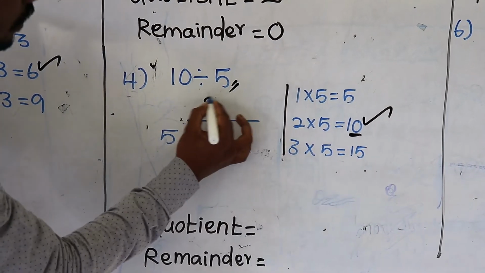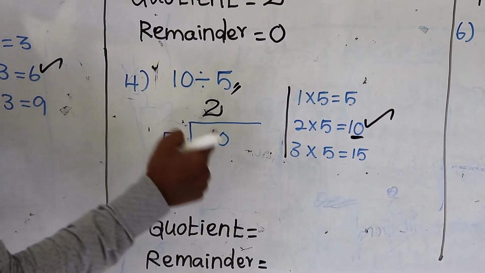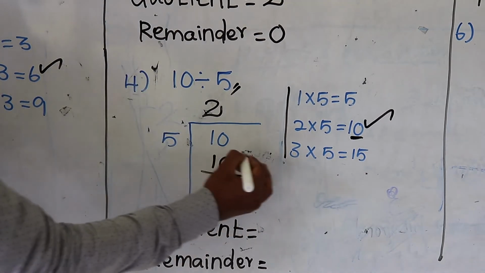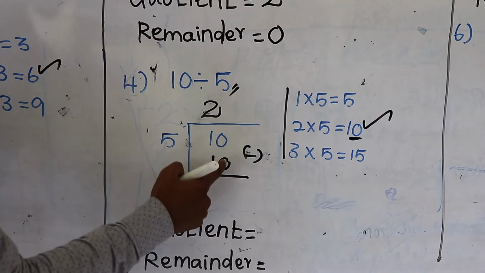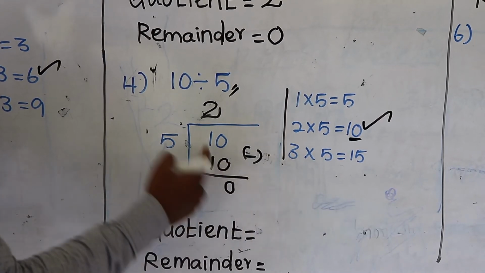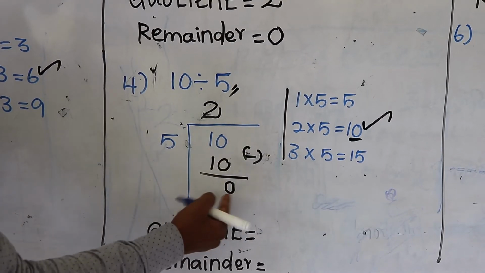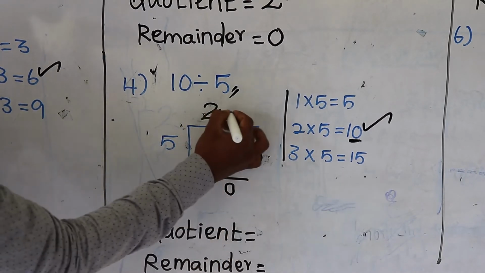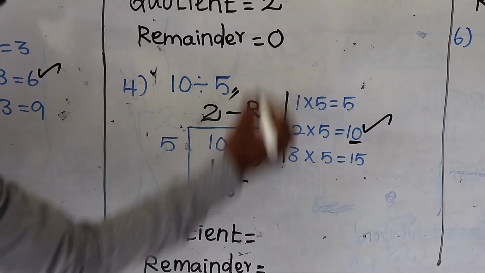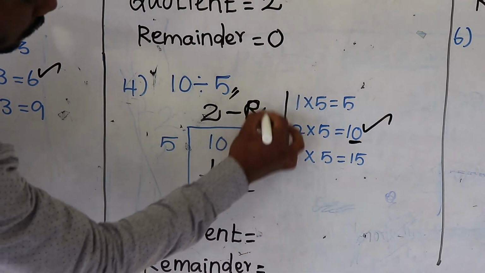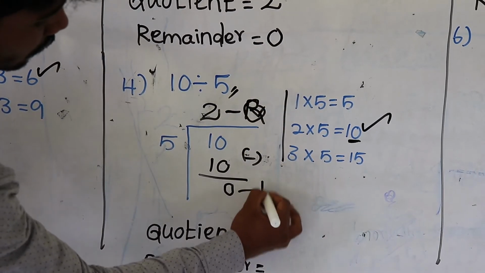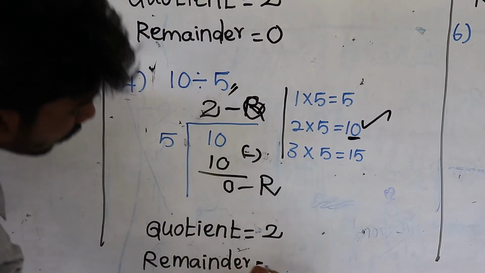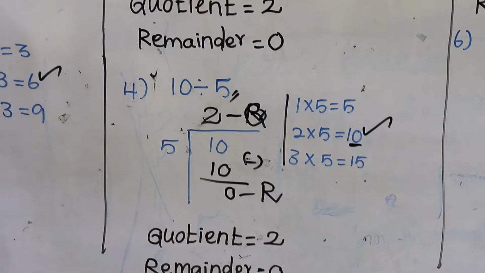So write here 2 5's are 10. Write 10 right downside. Now subtraction. 0 minus 0 is equal to 0. 1 minus 1 is also 0. Then the quotient value Q, this one, the remainder R, this one. So write quotient value 2, remainder value 0.